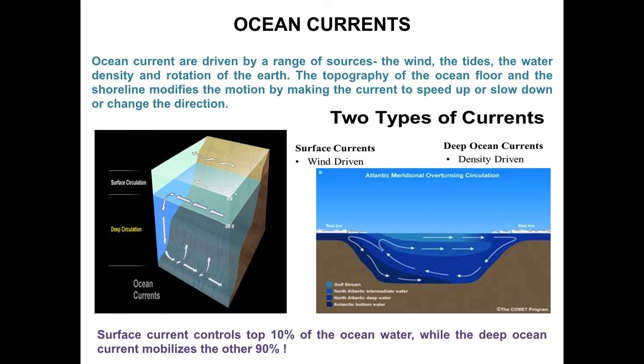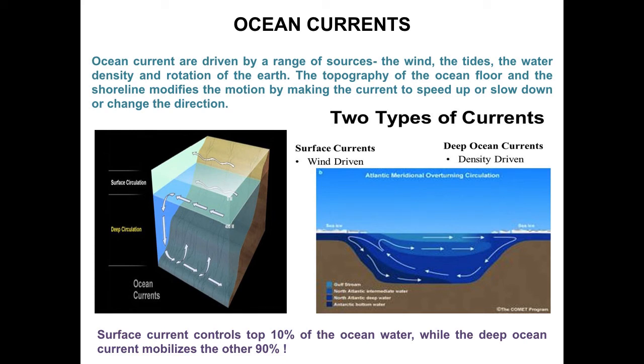Ocean currents are driven by many parameters: the wind, the tide, the water density and the rotation of the earth. Besides that, the topography of the ocean floor and the shoreline modify the planetary motions of the ocean.